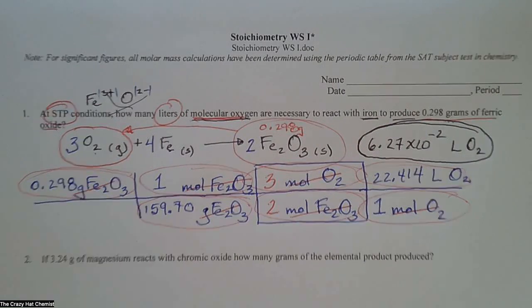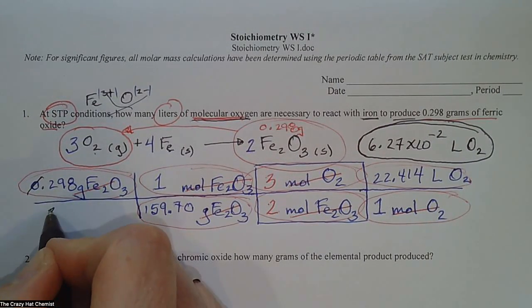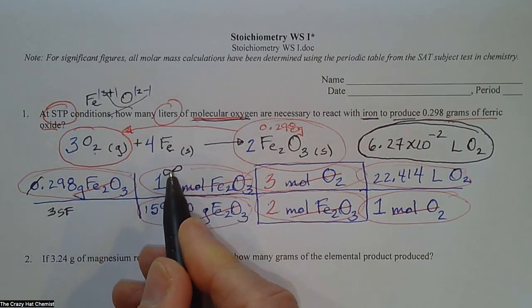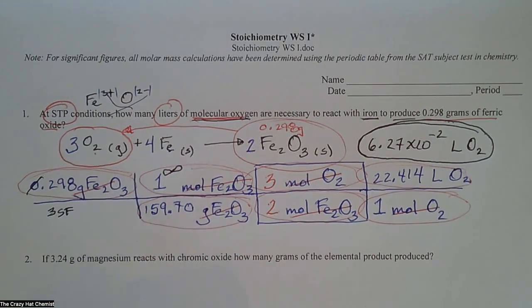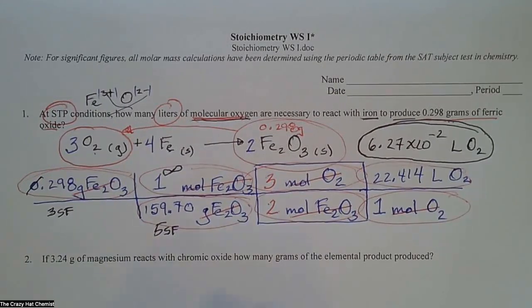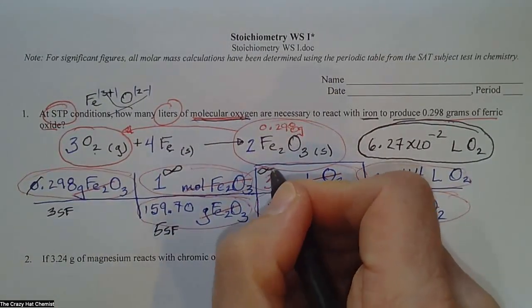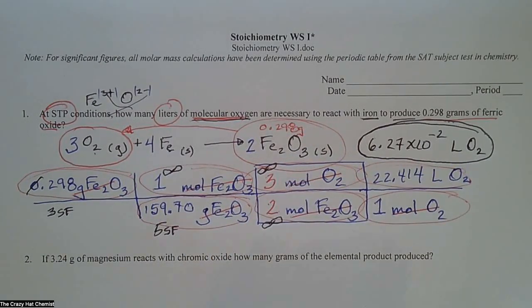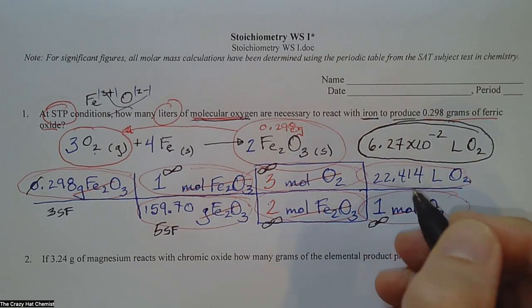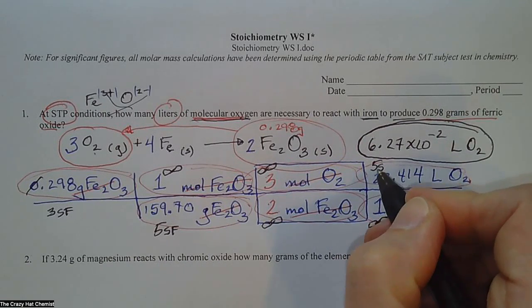Okay, and just to make sure that we have rounded this correctly, this number here, leading zeros do not count. This is 3 significant figures. This is a definition, so this 1 in front of the 1 mole is an infinite number of significant figures. This has 5 significant figures for the ferric oxide. This is infinite number of significant figures in front of the coefficients of the balanced equation, and this number here, it's been rounded, but it has 5 significant figures.